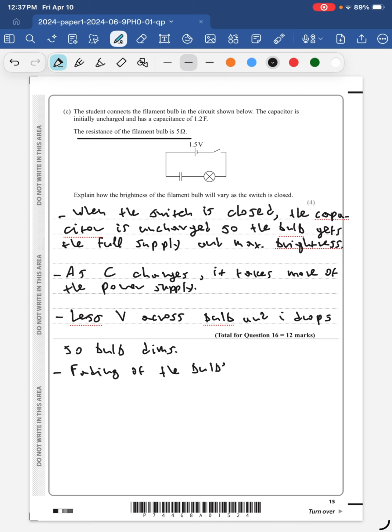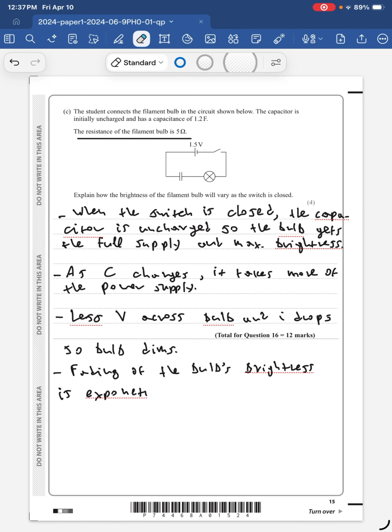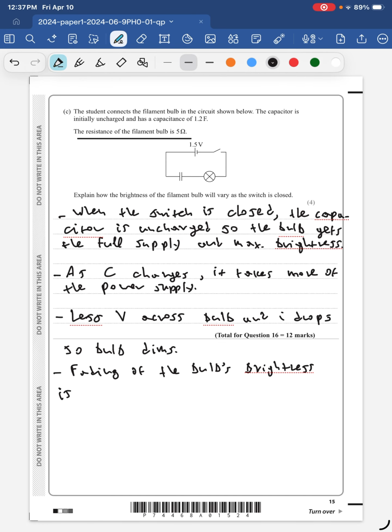So the fading of the bulb's brightness is exponential, with time constant equal to R times C, which is equal to 6 seconds. Excuse me, my handwriting is horrible today.